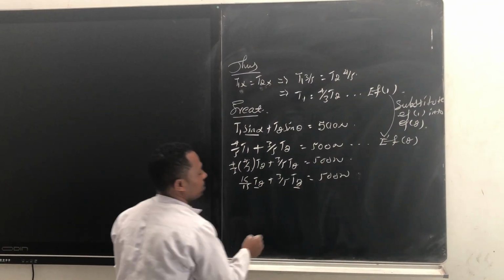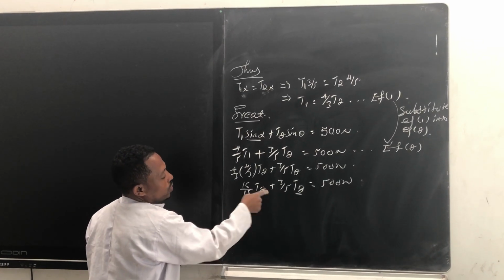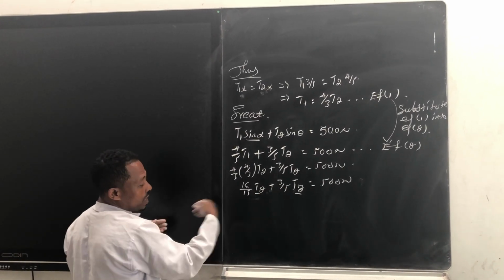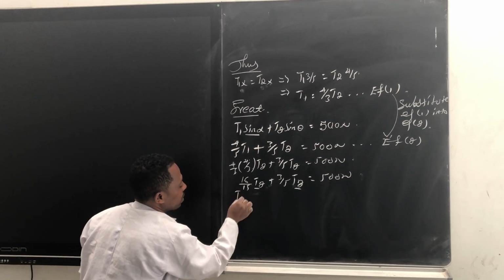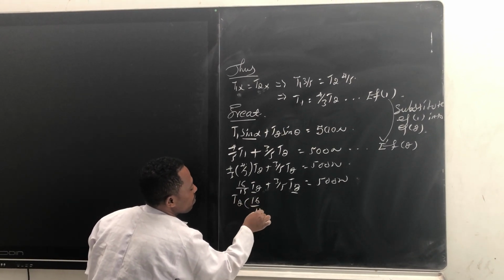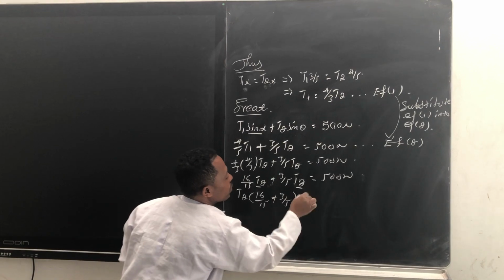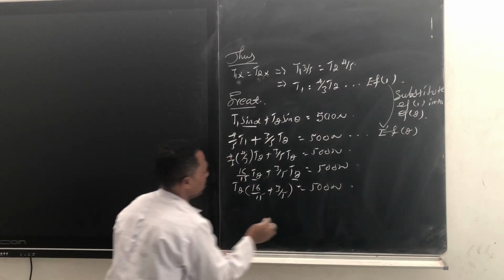Now have you seen? T2 is common in both terms. Therefore, take out T2 as common. It becomes 16 over 15 plus 3 over 5, which is equal to 500 Newton.